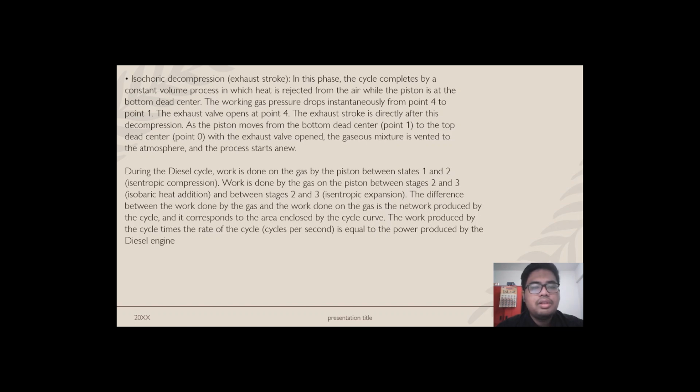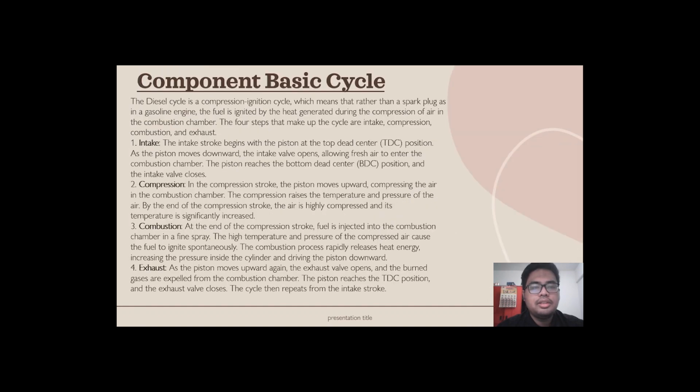The difference between the work done by the gas and the work done on the gas is the net work produced by the cycle, and it corresponds to the area enclosed by the cycle curve. The work produced by the cycle per second is equal to the power produced by the diesel engine. So that's all for me.